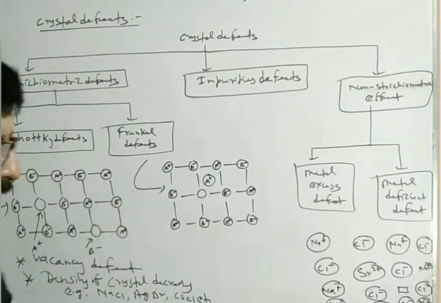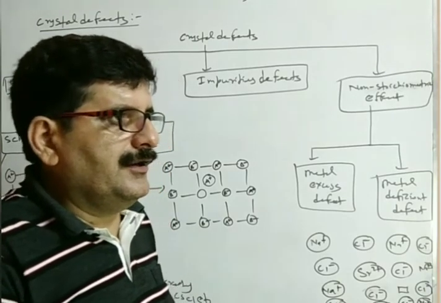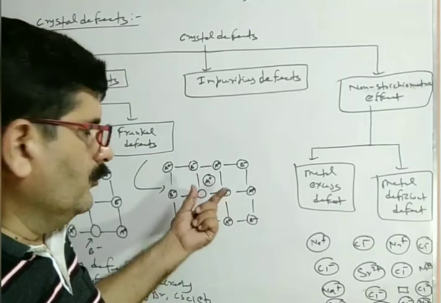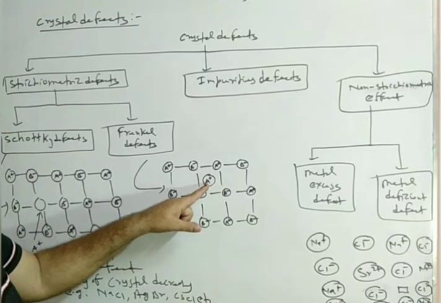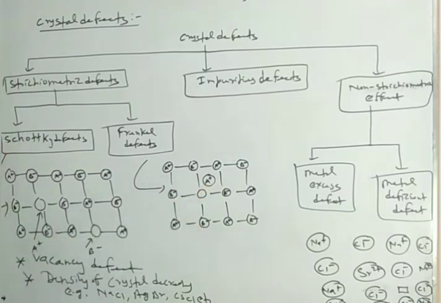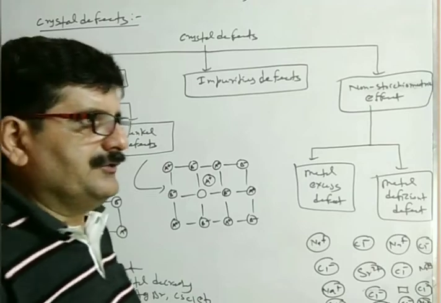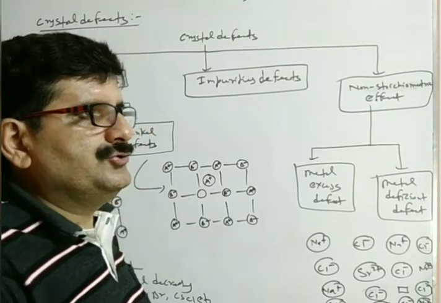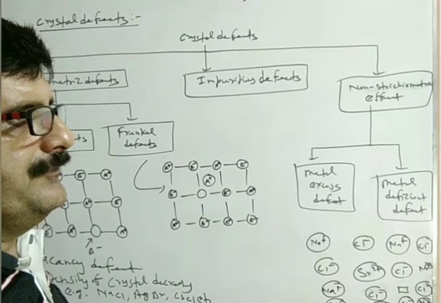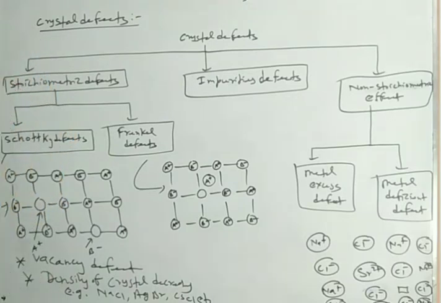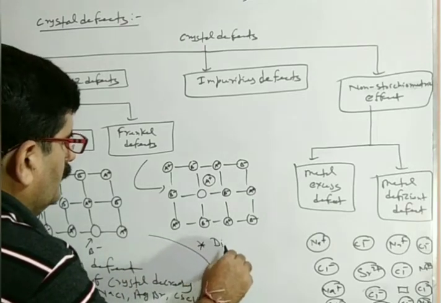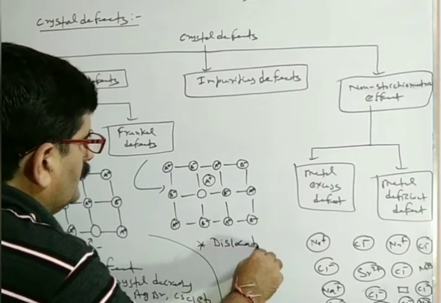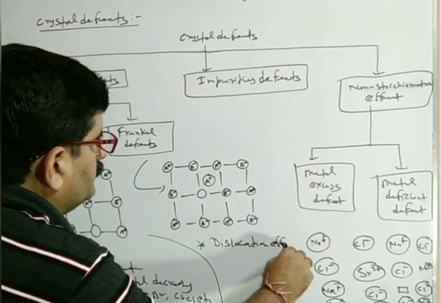The second one is Frenkel defect. In this defect, either a cation or an anion is removed and goes to an interstitial site. Suppose consider A plus. Here the density of the crystal system remains the same because there is no change in the masses. So this defect is also known as dislocation defect.